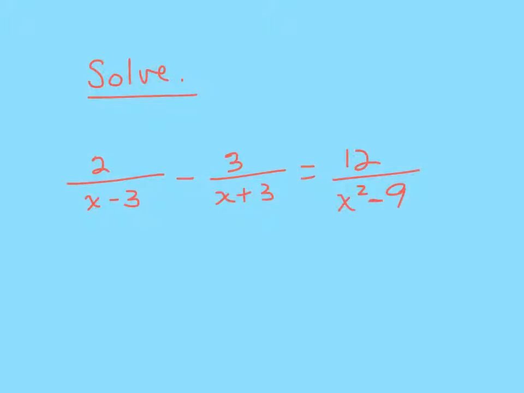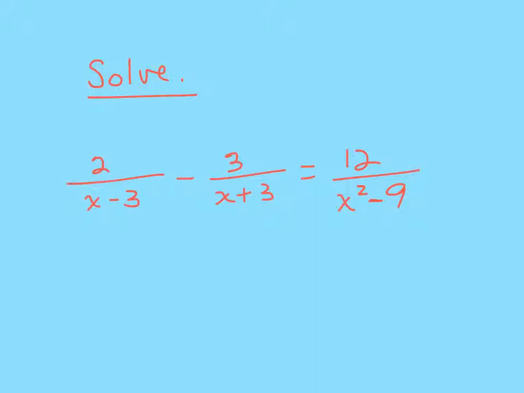Do you see that this is a different animal because it's not an expression, it's an equation. And our goal is going to be different. Our goal is to figure out what x is. So we're not going to be done on these problems until we write x equals something or we write no solution. One of the two.